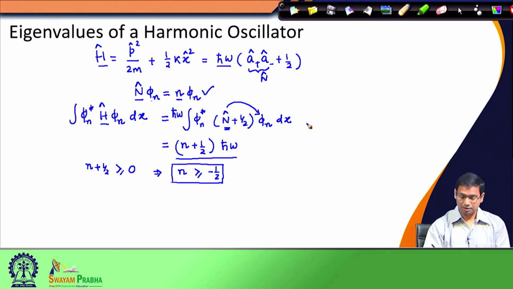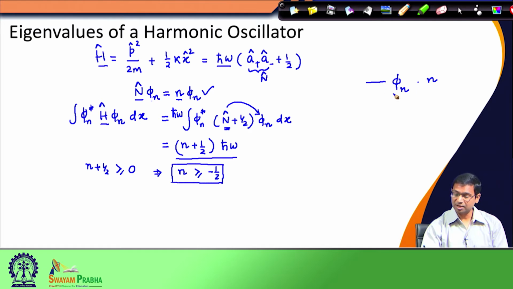If you remember, we defined our eigenfunction as phi n with an eigenvalue of n. We also suggested, if you remember the discussion from the last class, what the step up and step down operators do.